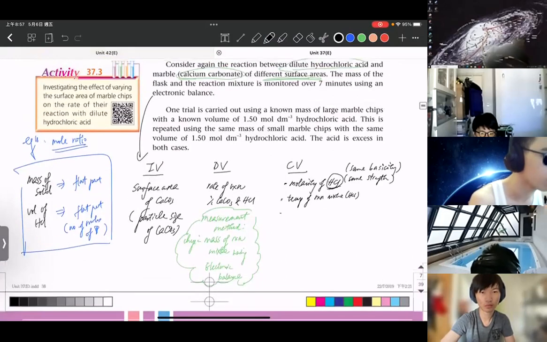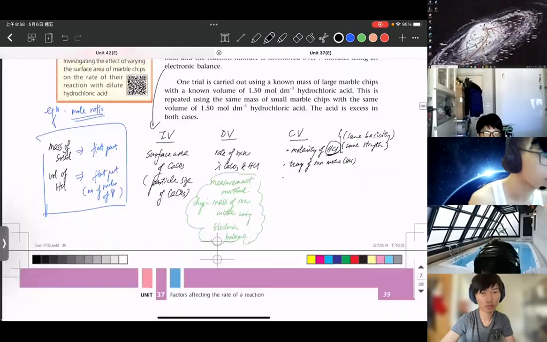The control variable is mainly there, because the concept is already embedded inside when I just mark it HCl. It's self-understood that every time I would use the same type of acid. If I use the same type of acid, I need not check whether they are of the same basicity, nor the same strength. Of course, they must be the same because you are using the same solid, same acid, isn't it? You understand?